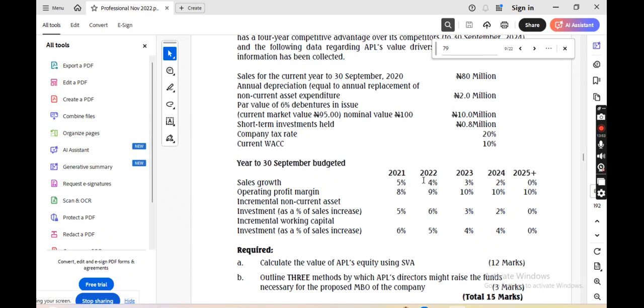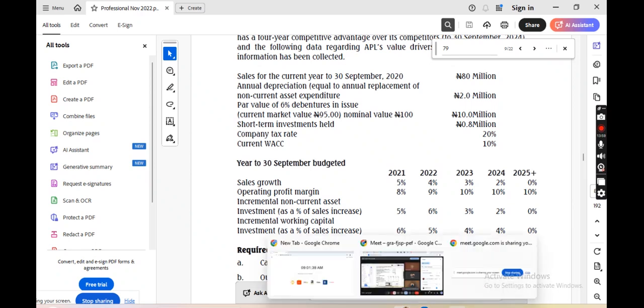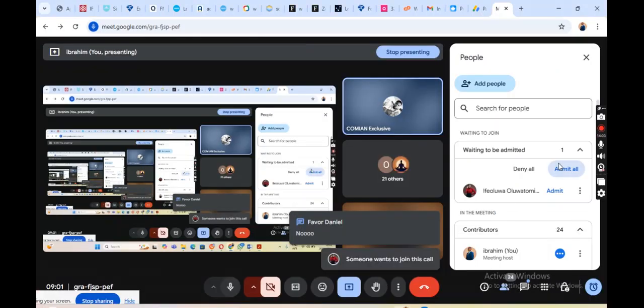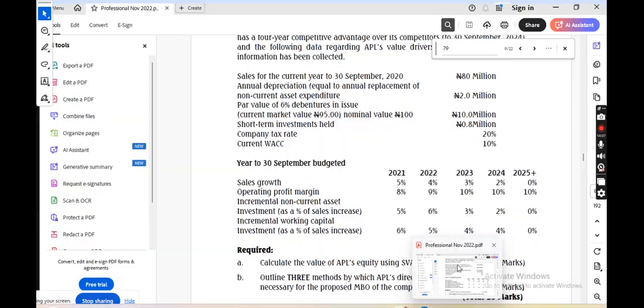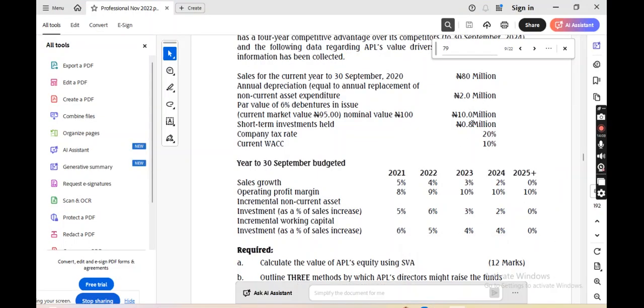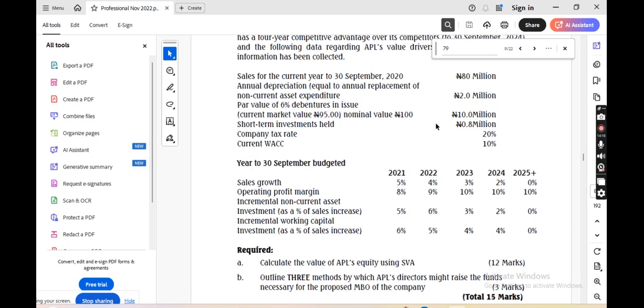Now, how do we determine the market value of debt? Class, can I use this 10 million as the market value of debt? Is it okay to use that? No, not 10 million. So if it is not okay, how will I determine the market value of debt? Since they gave the market value and the nominal value, I feel we should do 95 times 10 million over 100.